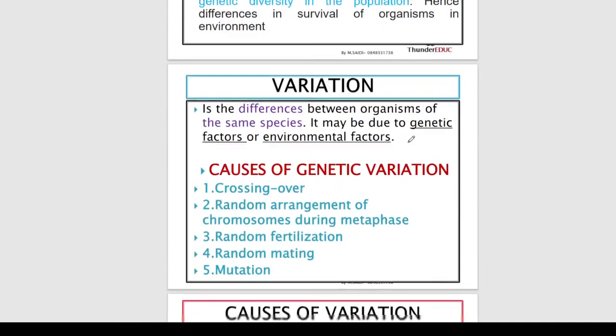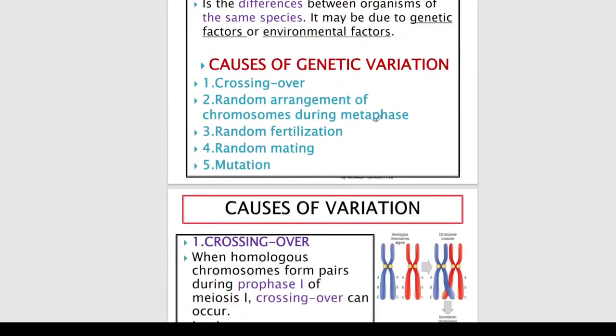Importance of meiosis, I've talked about it. Causes of variation. Guys, when you talk about causes of variation, please take note. If they talk about the causes of variation in meiosis, you only talk about crossing over, random arrangement of chromosomes during metaphase. Don't say random arrangement of chromosome only, that is wrong. Random arrangement of chromosomes during metaphase. Random fertilization, random mating.